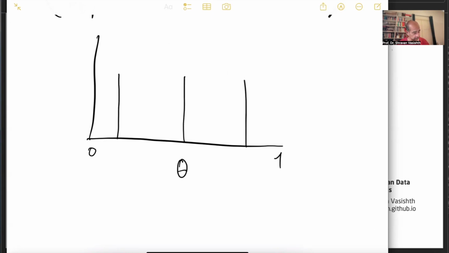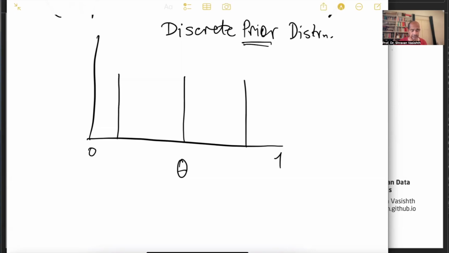Okay, so this would be a discrete prior distribution on theta, right? The reason it's called a prior distribution is that this is a distribution that we are defining prior to actually seeing any data, or prior to seeing the actual data that we are about to collect, right? We might have seen other data that gives us reason to believe that this is a reasonable prior distribution.